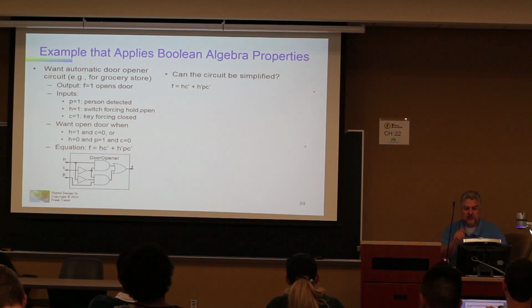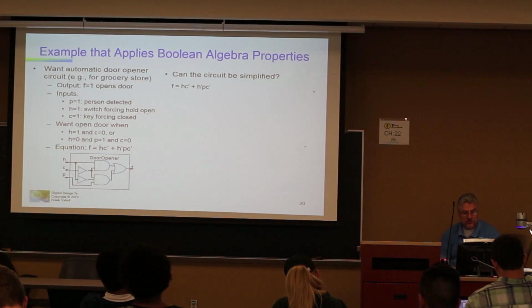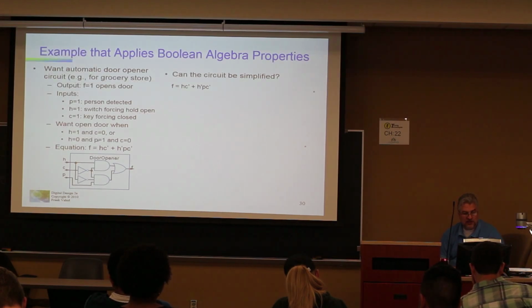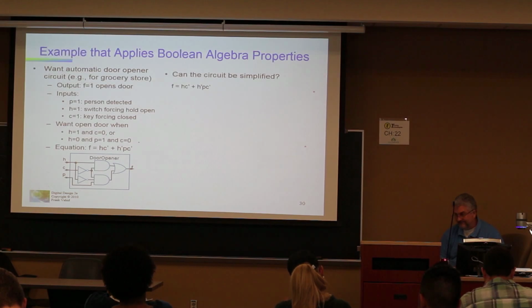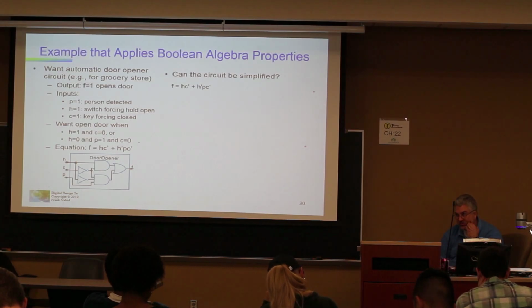So they'll force it to stay open, and of course we don't want the door to be locked. And then the other would be to open it if the switch forcing it open is hold open, and there's a person detected, and we're not locking it. So, does that make sense? What this is doing? Yes.